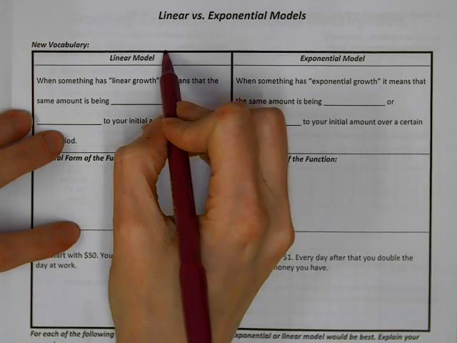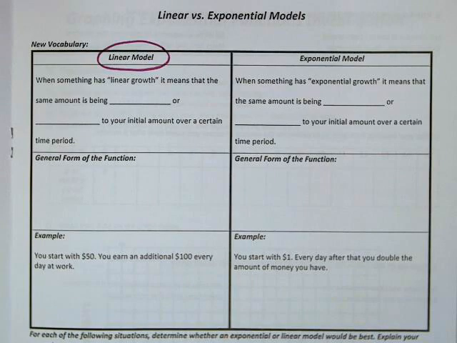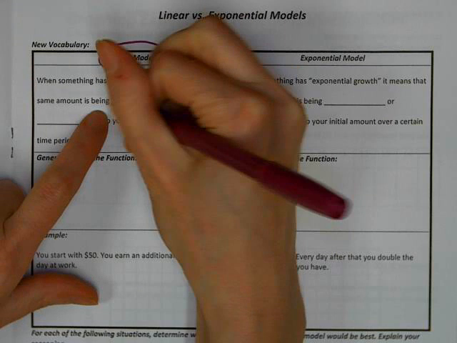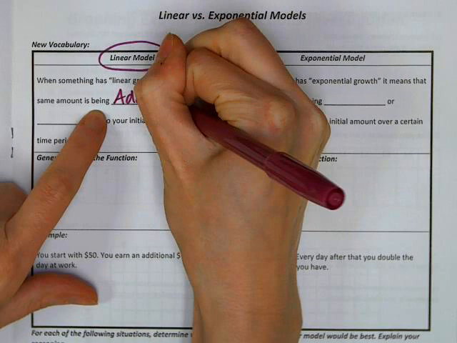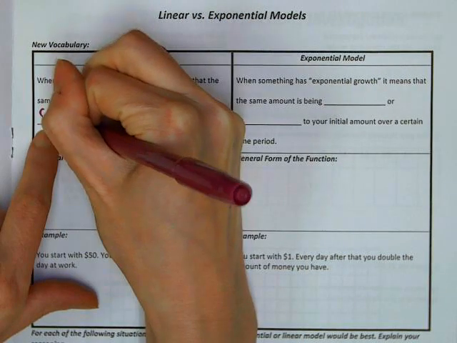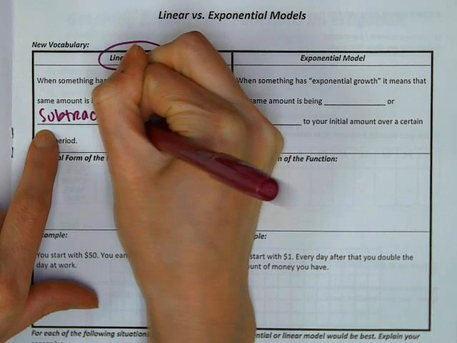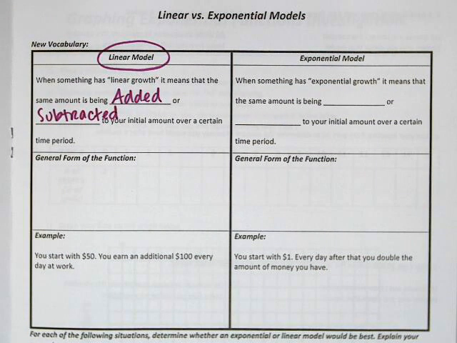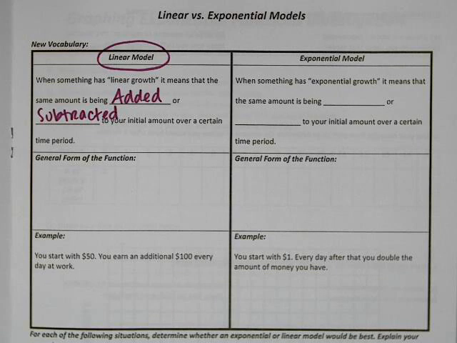Let's start with linear. A model has linear growth if the same thing is being either added or subtracted to your initial amount over a certain period of time. So if there's an addition or subtraction pattern, it's a linear model. And you guys know lines very well.